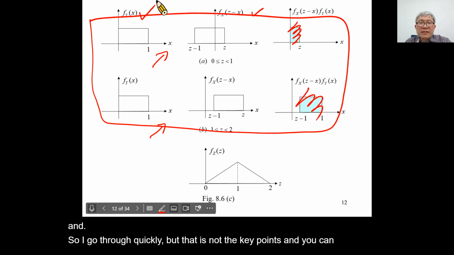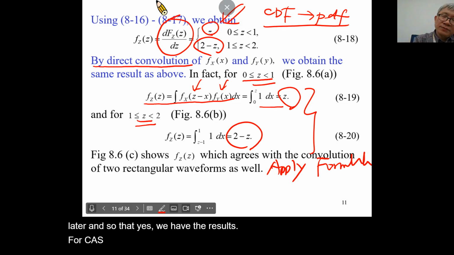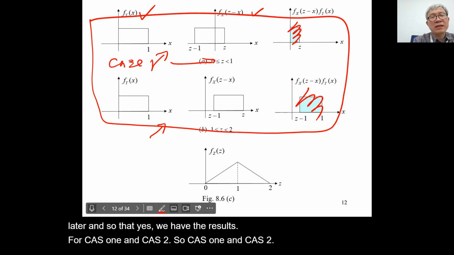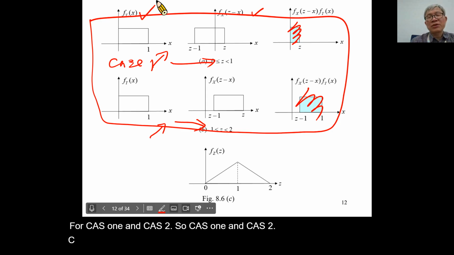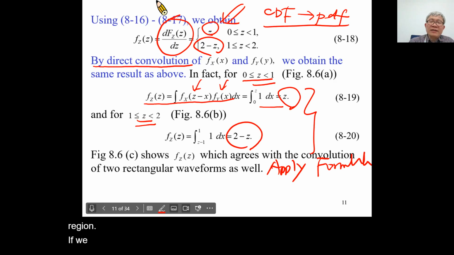And so yes, we have the results for case 1 and case 2. So case 1 and case 2. See? And case 2. So that's why we can have this if we care about non-negative region. Well, if we have that one, look at this. The current PDF, what's that?